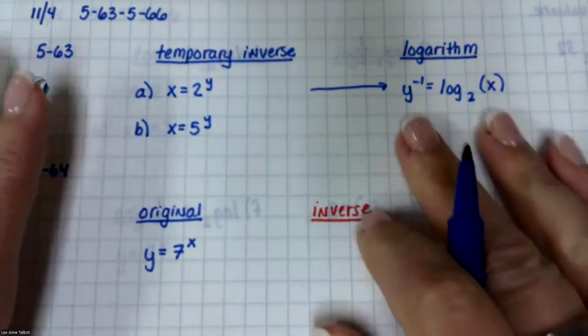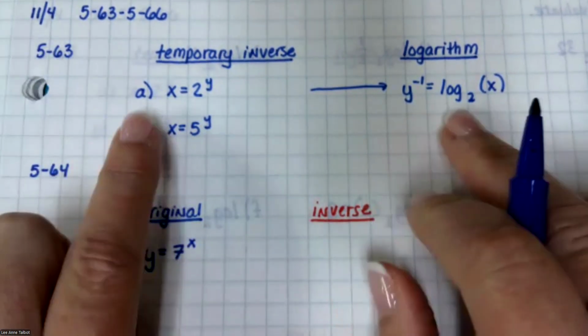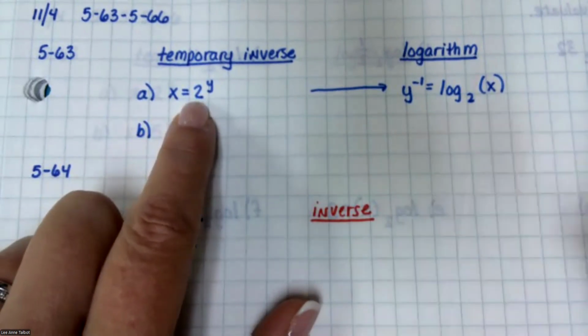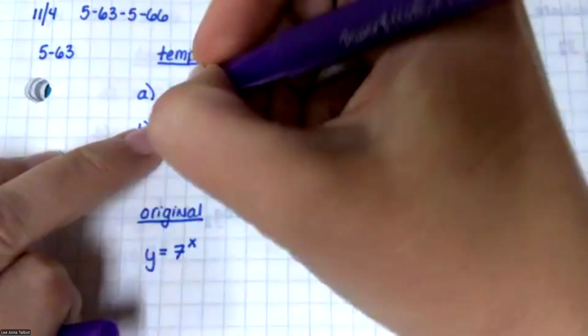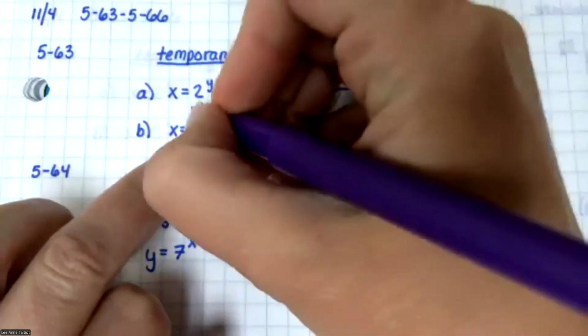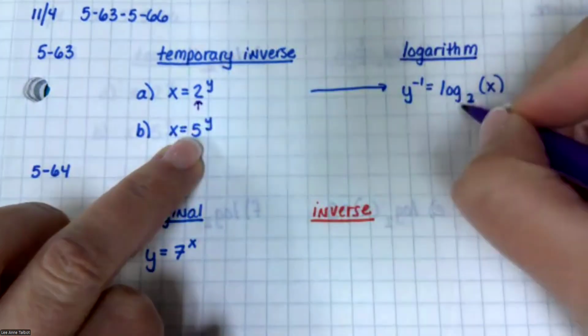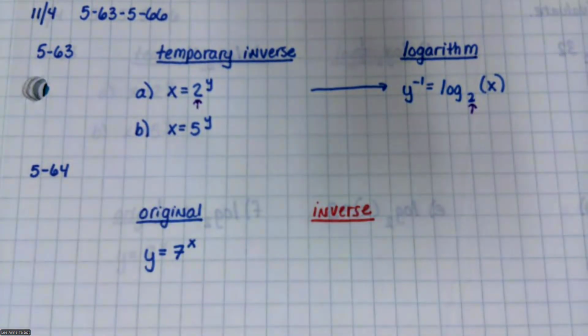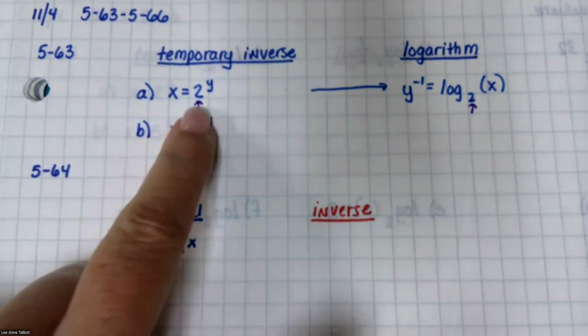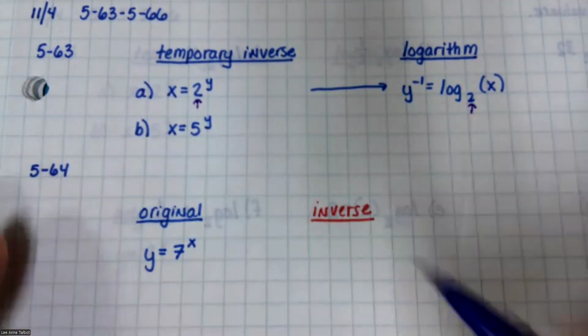Don't get worried about the order of things, really. You just look at the base. The base of this is 2. So the base of your log is going to be 2. Don't get upset about the order of things, just 2, 2.